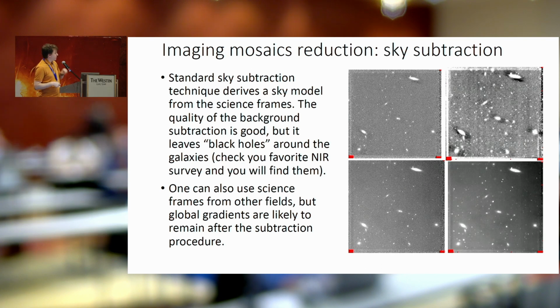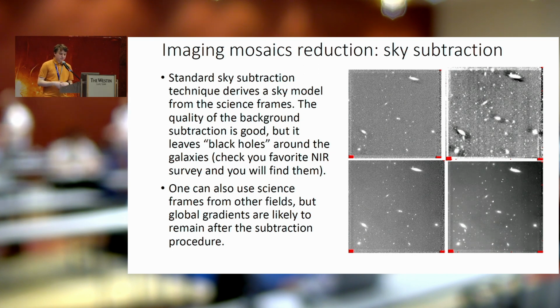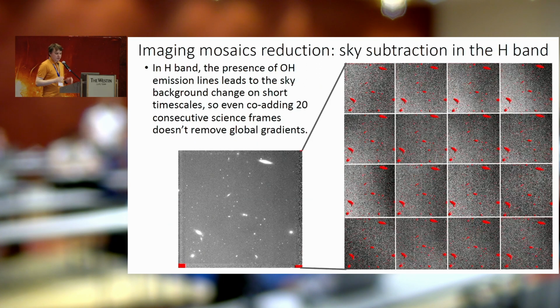And on the second row, you can see that there is a global gradient. But this global gradient can be subtracted using a global sky background subtraction algorithm. But it also produces black rings and black holes around the galaxies.